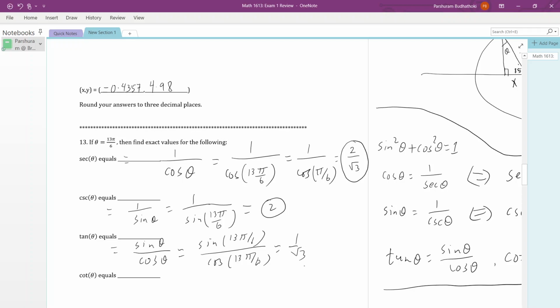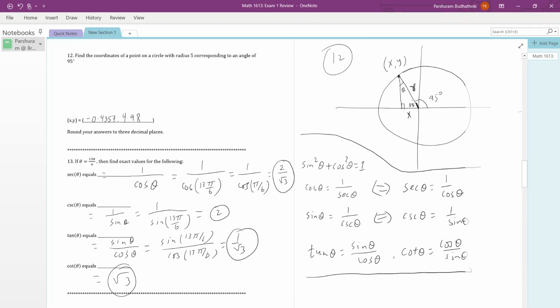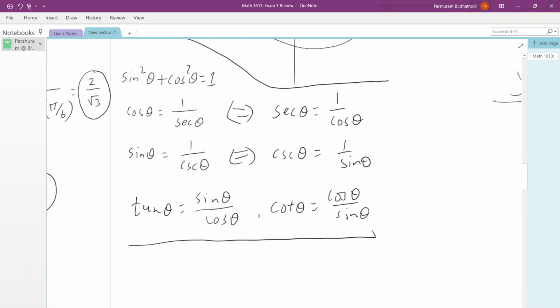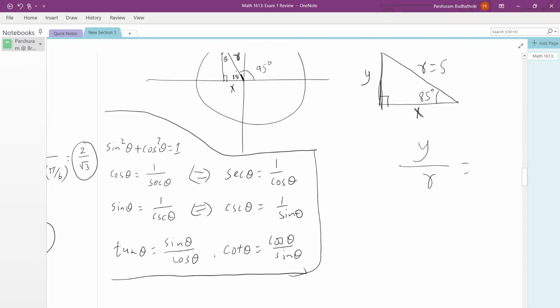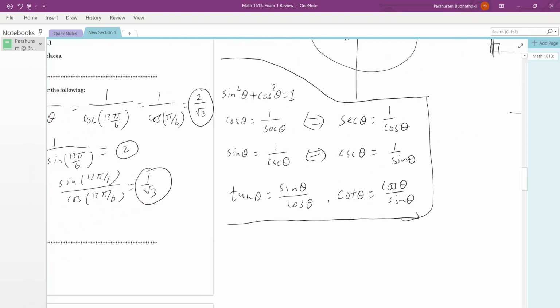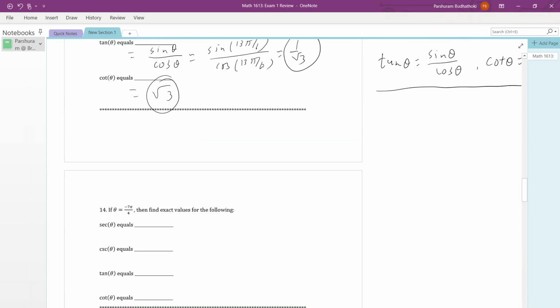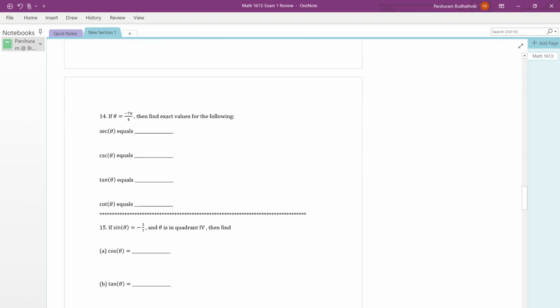Or if you want, you can use the decimal form as well. And cotangent theta is just square root of 3. Use the very same idea: cotangent theta is cosine theta over sine theta, and use the calculator. But the most important thing is you have to know these identities, and by using these identities you can do most of the problems here.